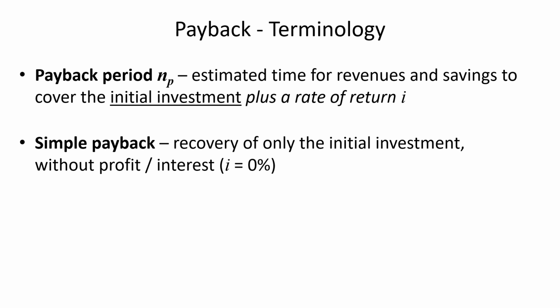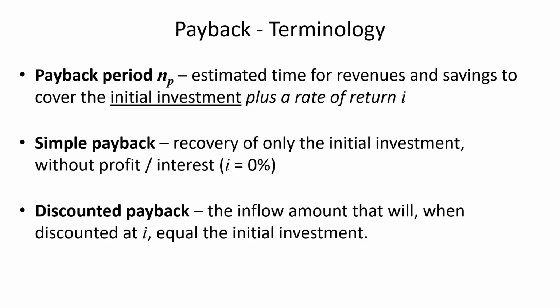So it's pretty easy, because you're just dividing the initial purchase price by the payment, and that'll tell you the number of periods. Discounted payback is the more common scenario, and that's where we are taking the interest into account when we calculate how long it will take to pay back the item.